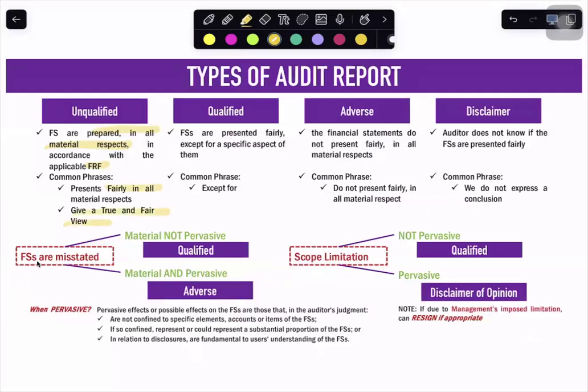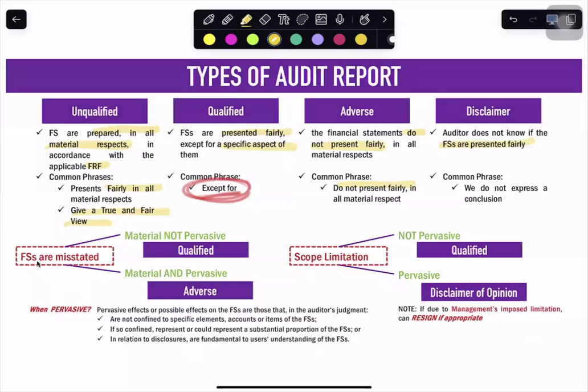For qualified, financial statements are presented fairly except for. Therefore, you will always see except for in a qualified audit report. Next, in your adverse, the financial statements do not present fairly. So do not present fairly, adverse. Disclaimer: you do not know if the FS are presented fairly.